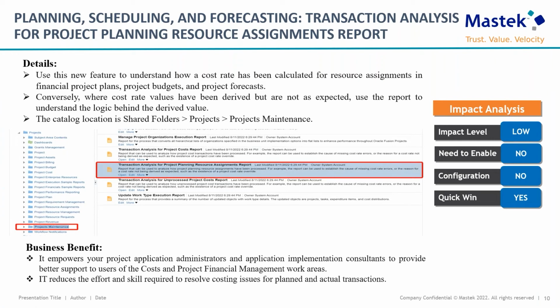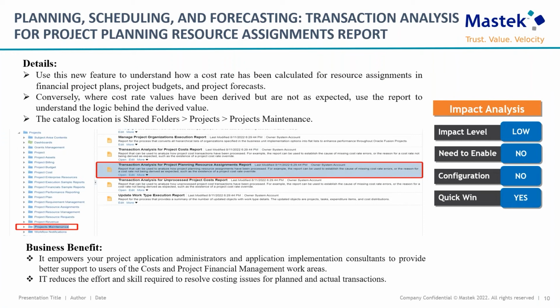Also, earlier when the business asked to extract errors associated with unprocessed cost, it was very difficult to find. It is very difficult to find attributes from subject areas and extract the error from the OTBI.